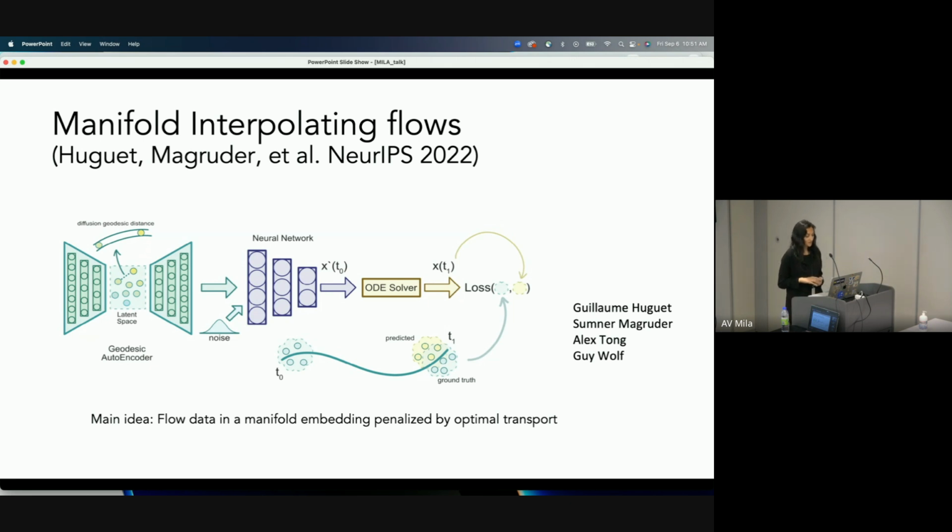The idea of MIOFlow is to take that manifold graph that we created from the diffusion operator and create an embedding space. And this is done by using an autoencoder that's penalized to keep manifold distances. And then in this space, to create a dynamic model in the form of a neural ODE that infers the dynamics. And the way it infers the dynamics is using the concept of optimal transport.